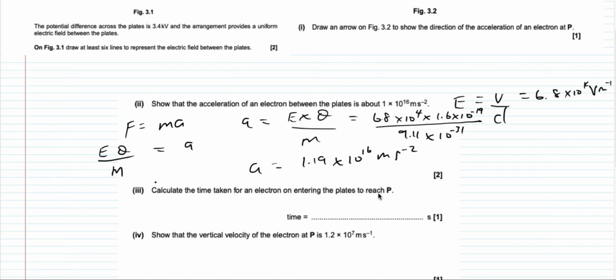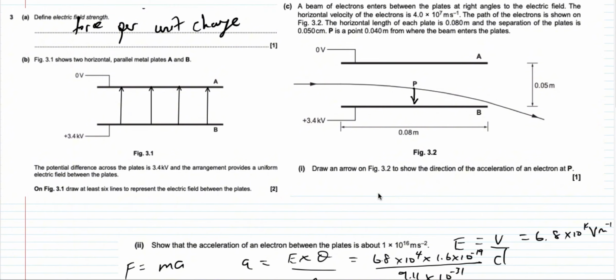So let's look back at the diagram. Here we have our electron entering. The question highlighted that point P is 0.04 meters from where the electron enters. So from this point to here, the distance traveled is 0.04 meters, which will be considered the horizontal distance.